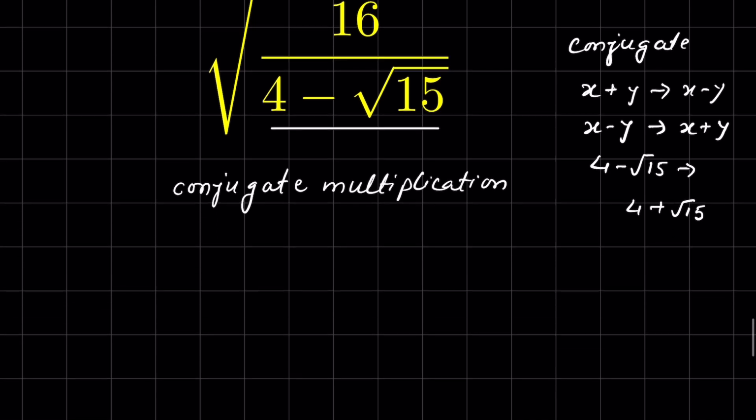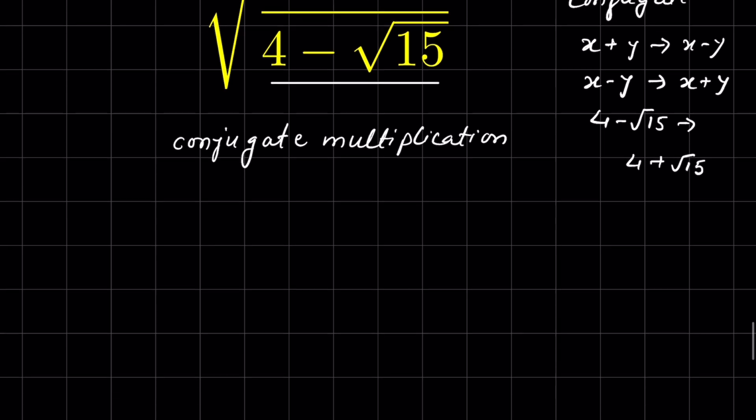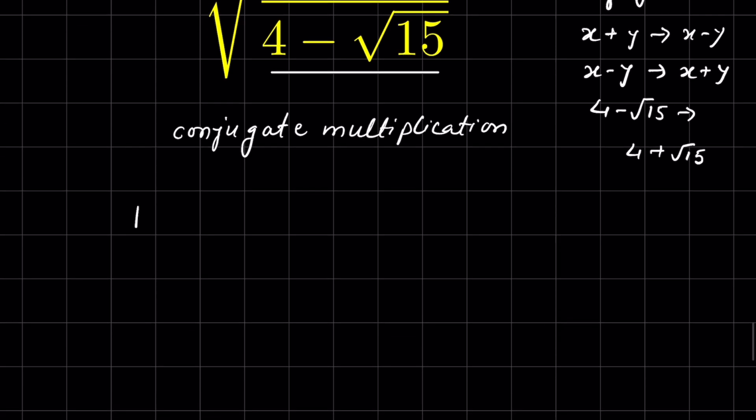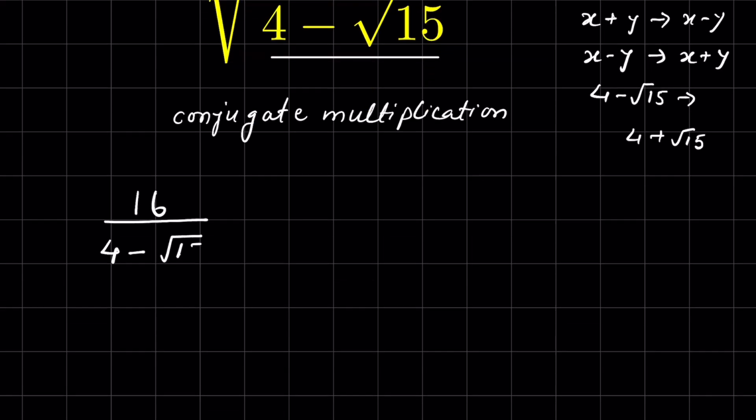So let's multiply and divide it by the conjugate of 4 minus square root of 15. 16 upon 4 minus square root of 15, multiply and divide by 4 plus square root of 15 upon 4 plus square root of 15, all under square root.